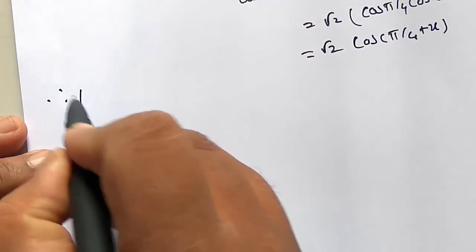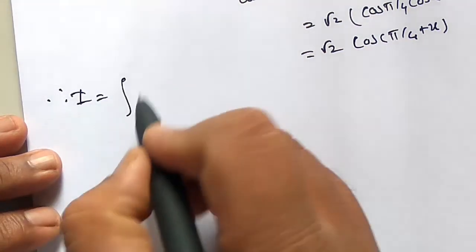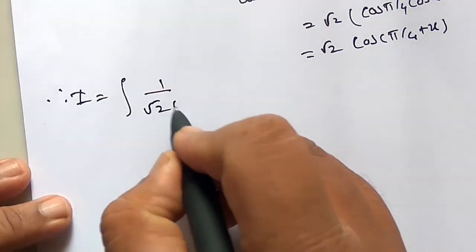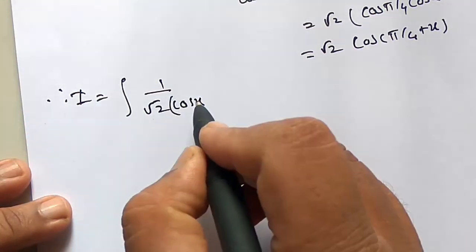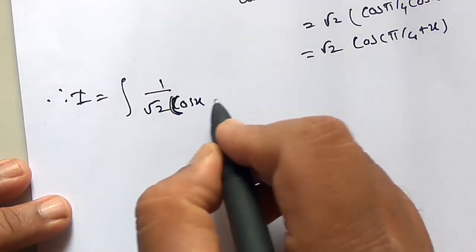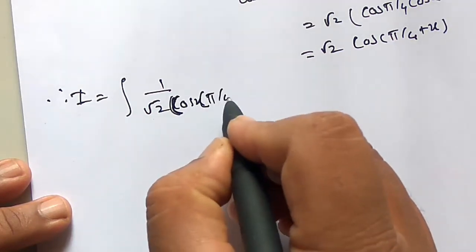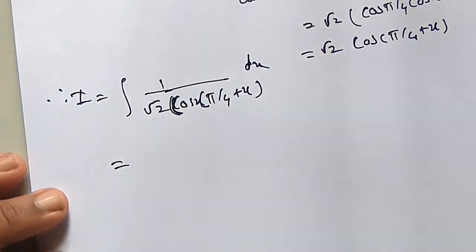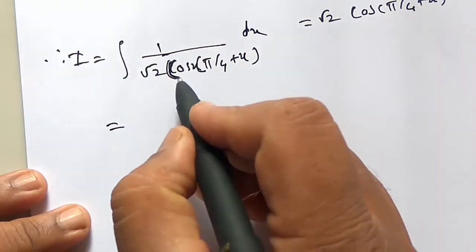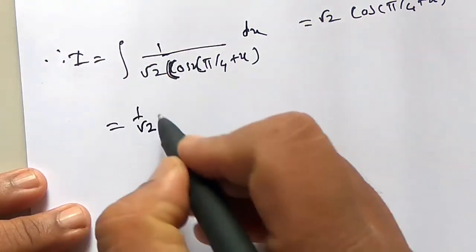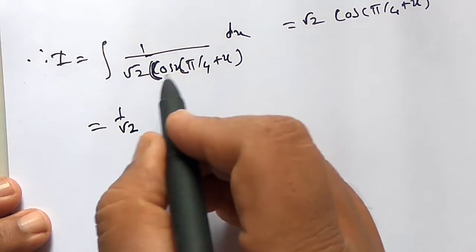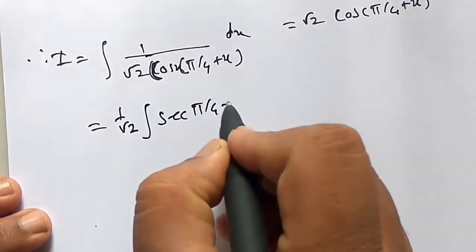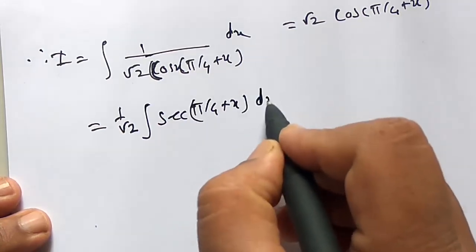Therefore, the given integration becomes 1 upon root 2 integration of 1 upon cos of pi by 4 plus x dx. 1 upon root 2 is constant, and if you take cos in the numerator, it becomes sec of pi by 4 plus x dx.